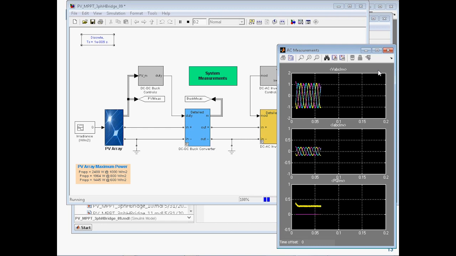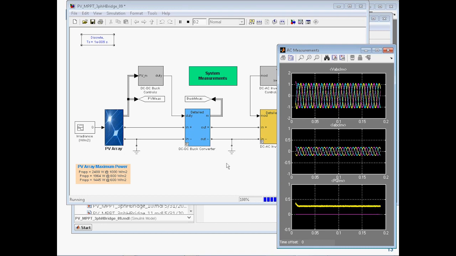I'm using a 10 kilohertz PWM frequency on the buck converter and 10 kilohertz on the AC inverter. I'm generating 60 hertz, 3-phase AC voltage and 3-phase AC current here, and this is the actual power of my system.